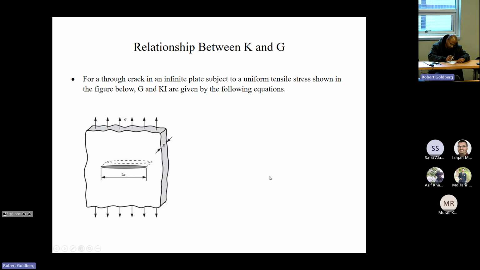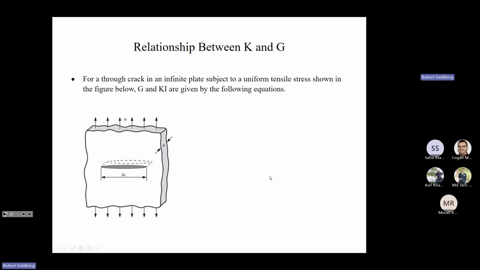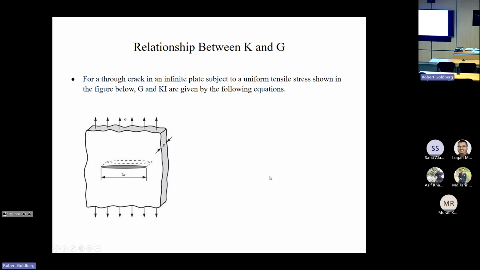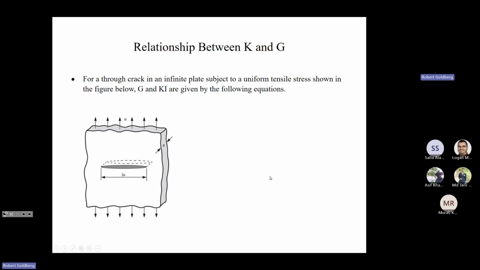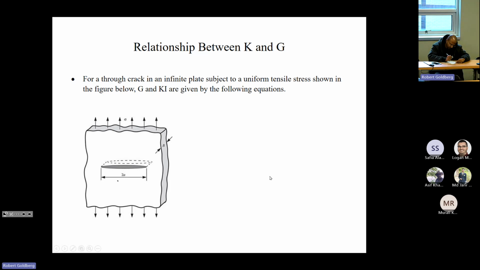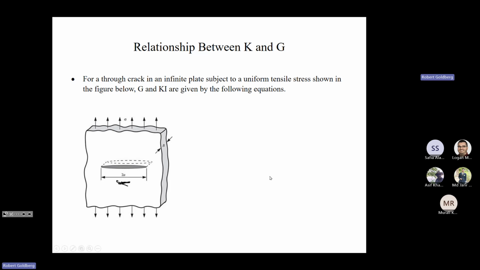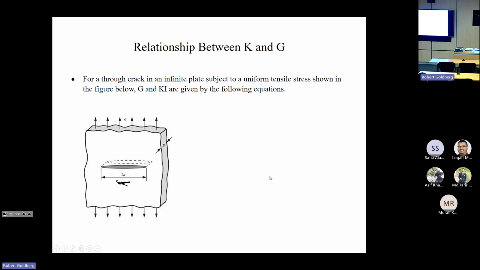So here's our old friend, the through crack in an infinite plate subject to uniform tensile stress. Just highlighting, by these definitions, the crack length is 2a for this case, just to hit home this point one more time.